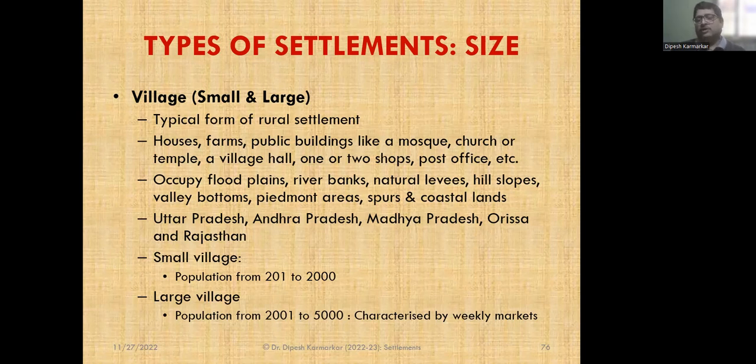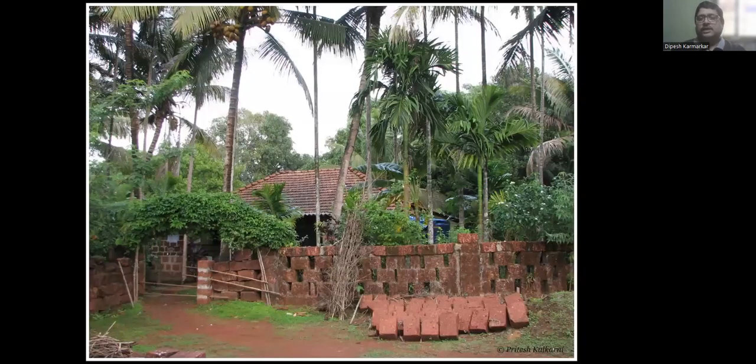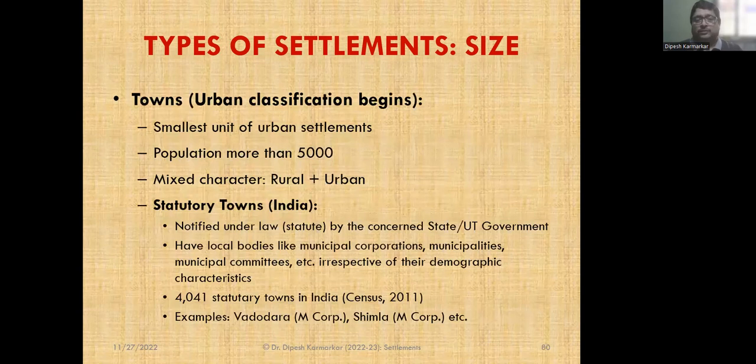So till now we talked about three types: isolated settlements, hamlets, and villages. These three are the types of rural settlements based on size. The fourth type that we'll move into is called towns. Towns are the first type of settlement in the urban category.